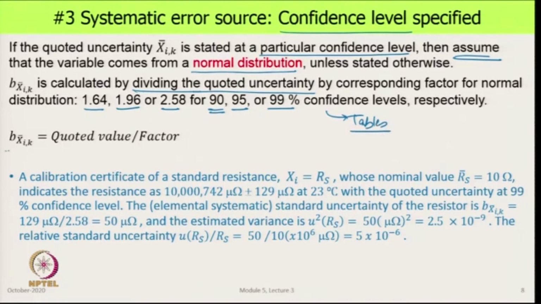So, the elemental standard uncertainty on account of this is the quoted value divided by this factor, or any other one that comes out of this.